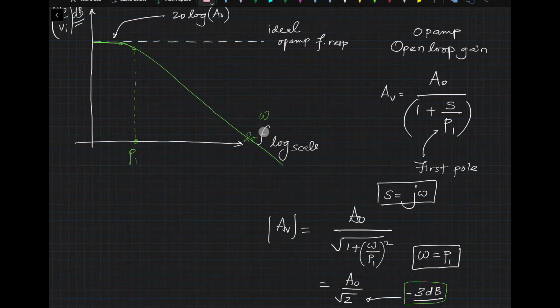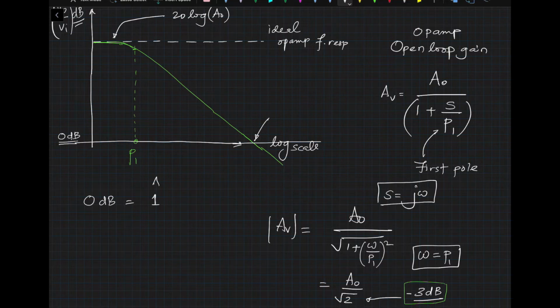I'm going to clean this up a little bit, and this would be 0 dB on the y-axis. So you can quickly see at this particular frequency, the gain has dropped to unity gain because it's 0 dB. 0 dB means is equal to 1.